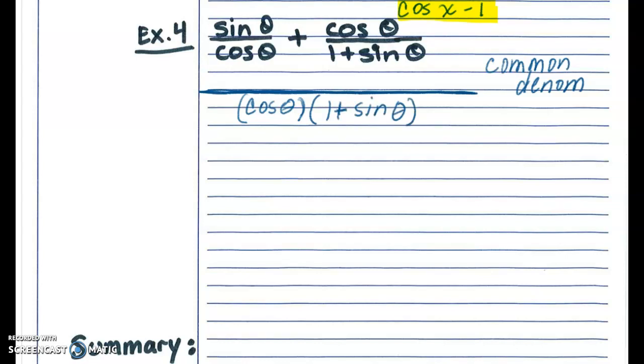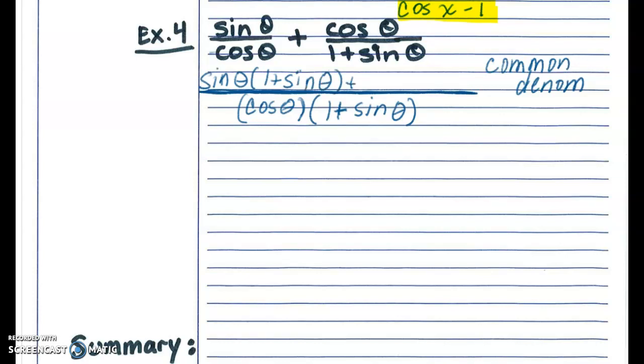And then I ask myself what's missing from the first fraction's denominator to the new denominator. In my first fraction's denominator, all I see here is a cosine. So I'm missing this 1 plus sine in my new denominator. So I'm going to take the sine theta that's there times the 1 plus sine theta that I need for my new denominator.